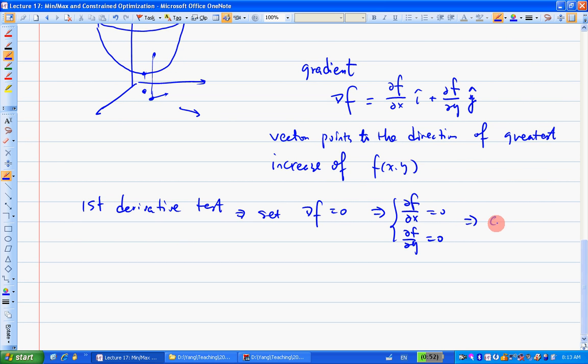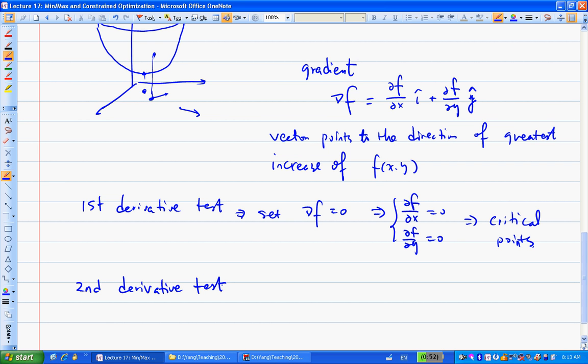So you end up with a certain set of critical points. But the critical points don't tell you whether you are at a minimum or maximum location, so you need to do a second derivative test.